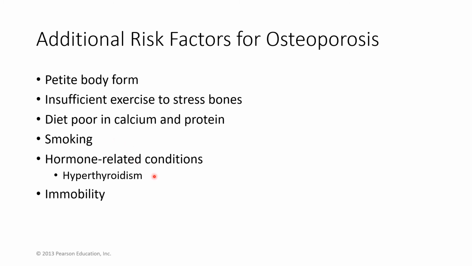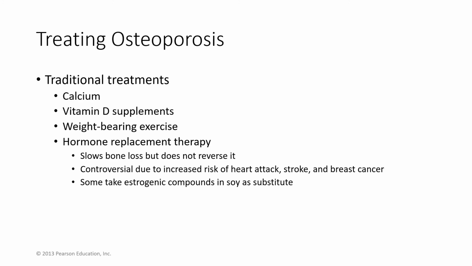Diseases or disorders such as hyperthyroidism, when your thyroid gland in your neck region is very highly active, can also leach the calcium out of your bones, making your bones weaker. As we said, immobility, so less exercise, can also lead to osteoporosis.